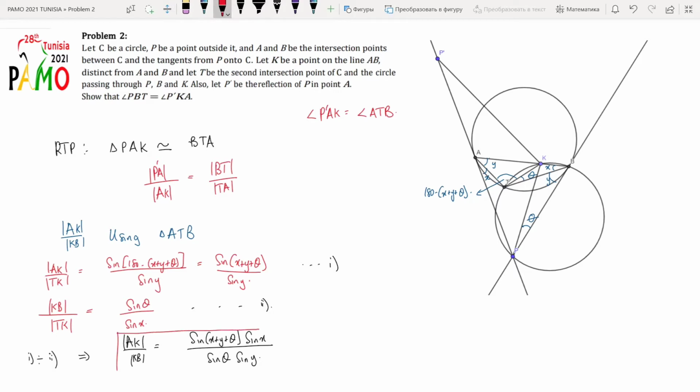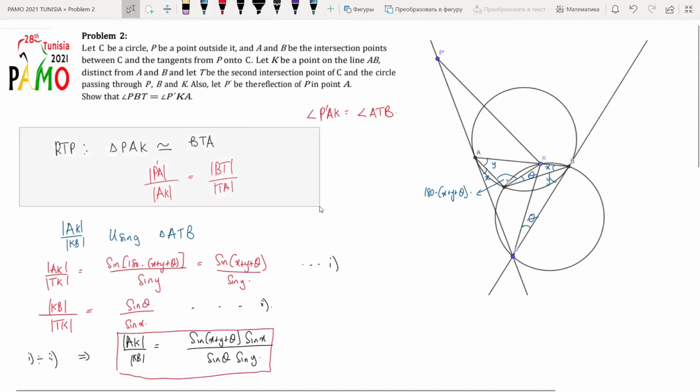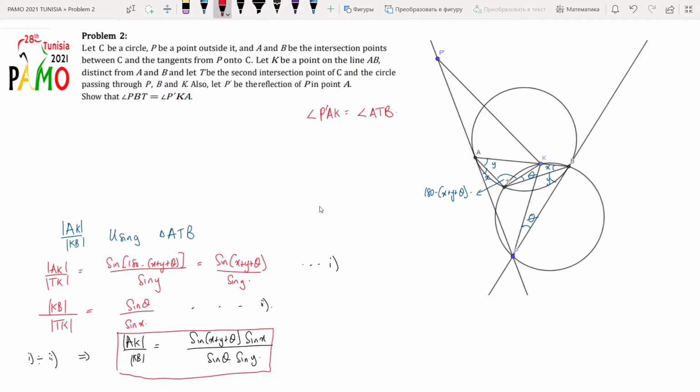So I found AK over KB in triangle ATB. This is what I meant by finding AK over KB in triangle ATB. So we'll just note it down here: AK over KB equals sine(X plus Y plus theta) sine X over sine theta sine Y.